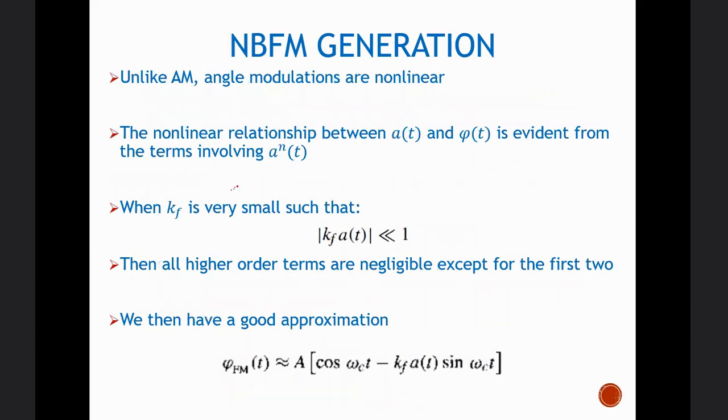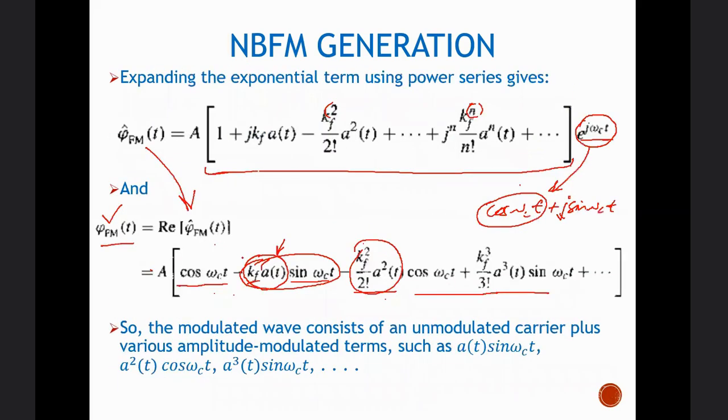So unlike AM, angle modulations are nonlinear. We have established this fact. Nonlinear relationship between a(t) and phi(t) is evident from the terms that involve a squared(t) and so on, right? So when k_f is very small, this k_f a(t) would be much smaller than 1, right? Where is k_f a(t) coming from? It's coming from here.